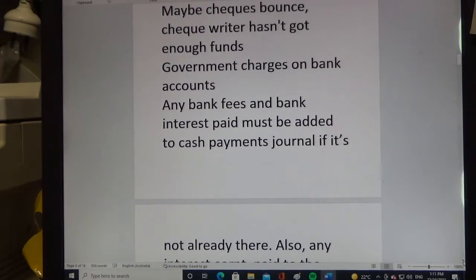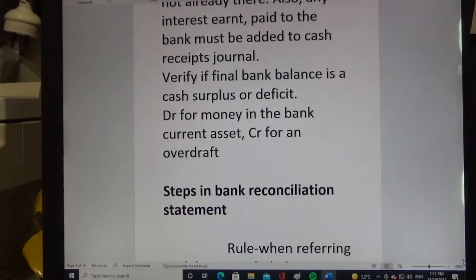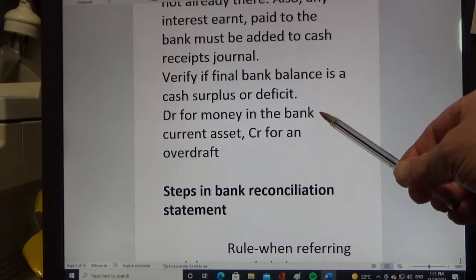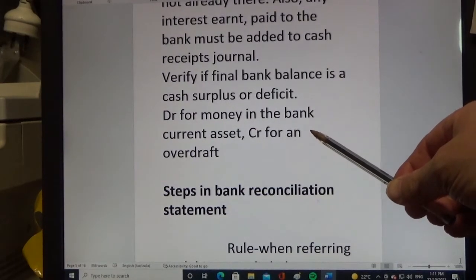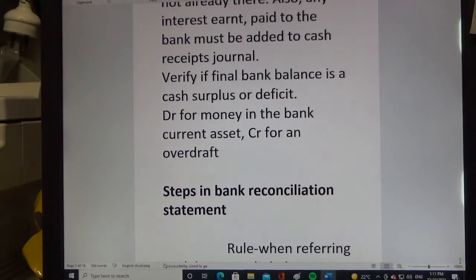Government charges and bank fees we've mentioned go in the cash payments journal, not the bank rec. And our goal is to verify if the final bank balance is a cash surplus or deficit, which has to be written into the books of the company: debit for money in the bank, credit for an overdraft.